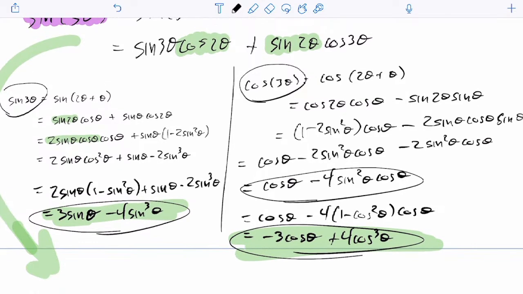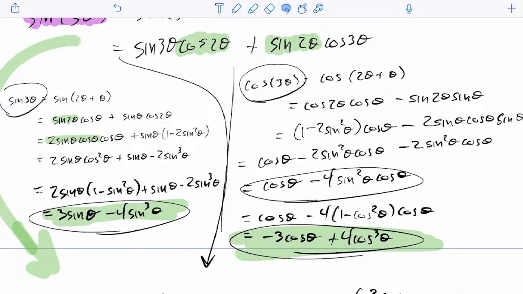So then you can sub all of this into this monstrosity here. And I end up getting what? 3 sine theta minus 4 sine cubed theta times 1 minus 2 sine squared theta. Yeah, you end up getting this here. It's not really that clean still.